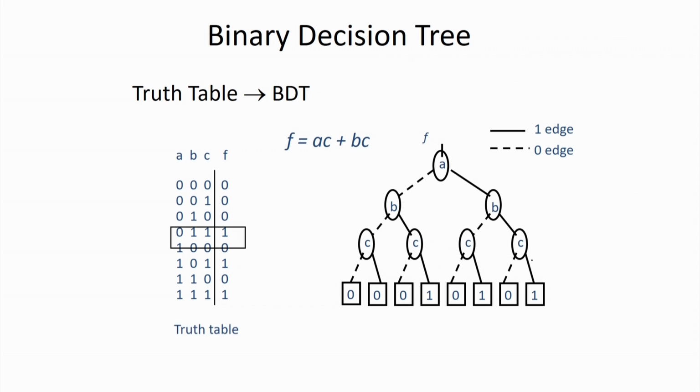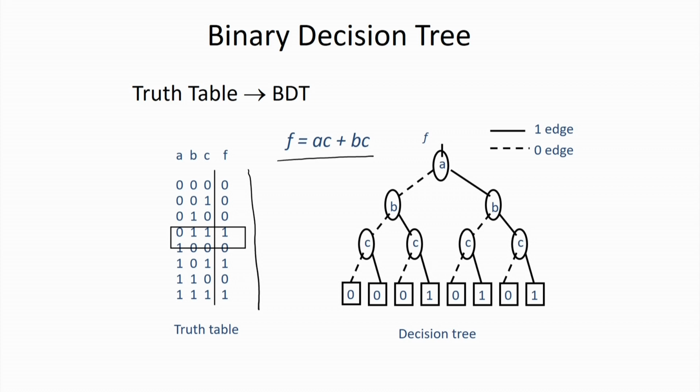Now, look at a simple example. Say I am taking the same function f is equal to a b plus b c. We know that any Boolean function can be represented with the help of a truth table. So, this gives the functional values of the given Boolean function.